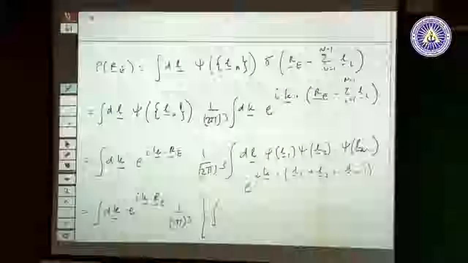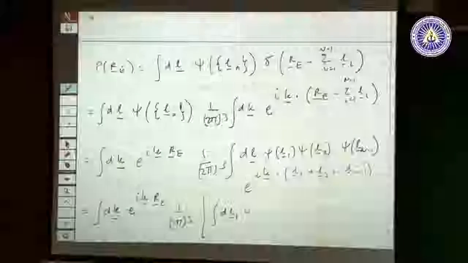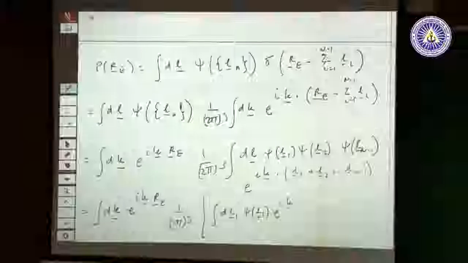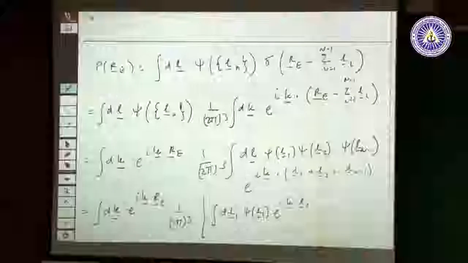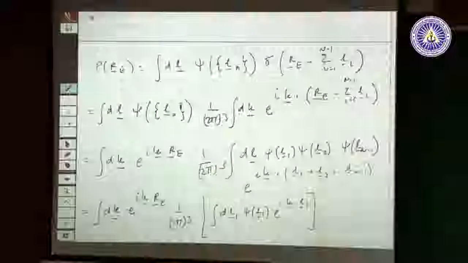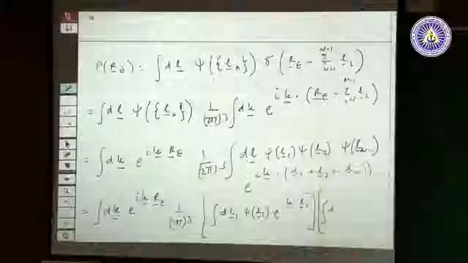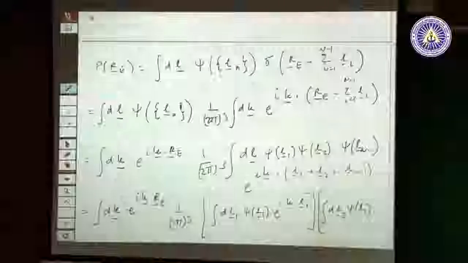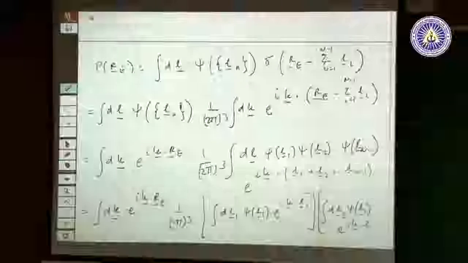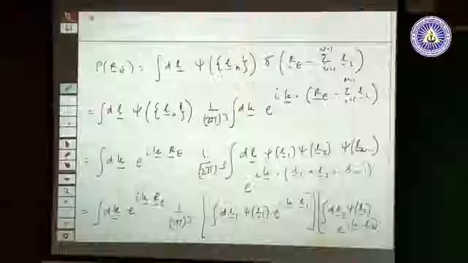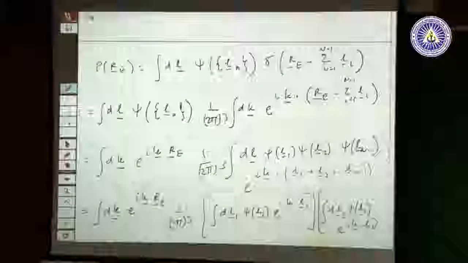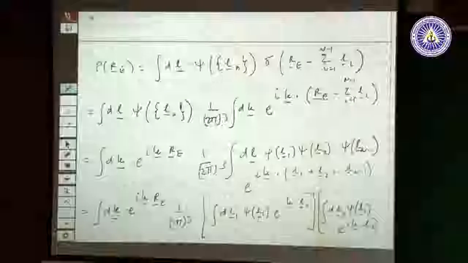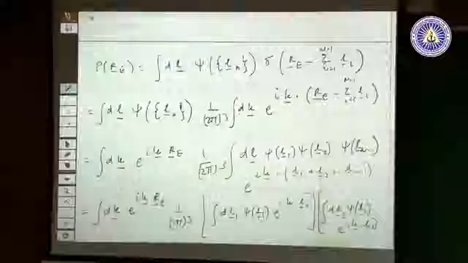The first one would be integral dL_1 psi(L_1) times e to the power of ik·L_1, times integral dL_2 psi(L_2) e to the power of ik·L_2, and so on, n minus 1 such terms. Then you recognize that each of them is the same integral, and you have n minus 1 copies of them.